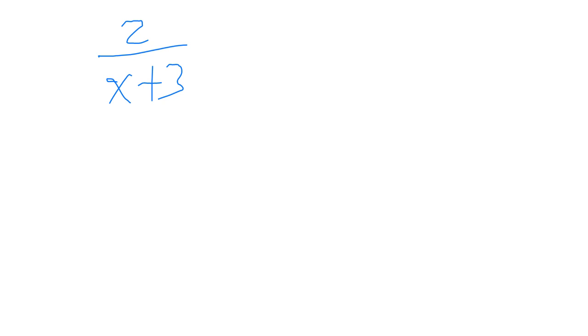You have x to the power 0, x to the power 1, x to the power 0, so this gives us 2 over x. So y equals 0, which is the x-axis.